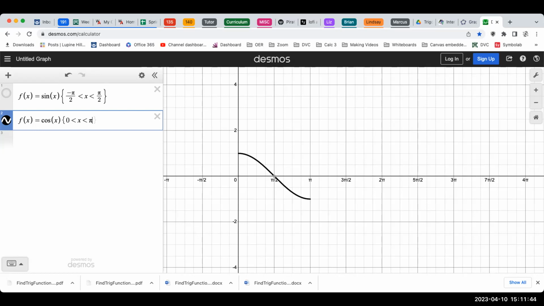So the domains for cosine inverse and sine inverse are -1 to 1. So that means that when you do things like this, what's sine inverse of 2?